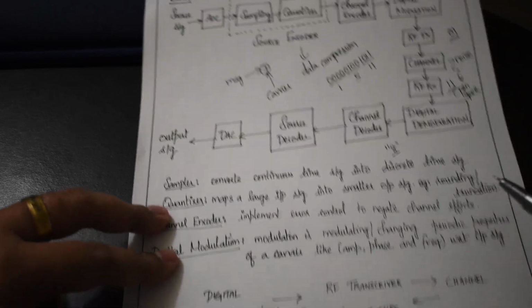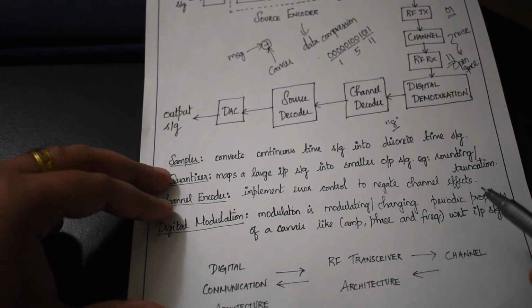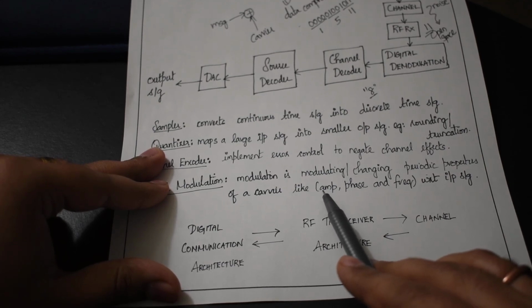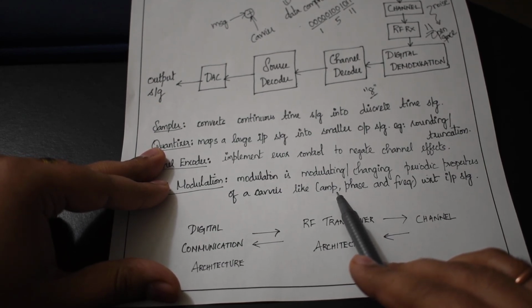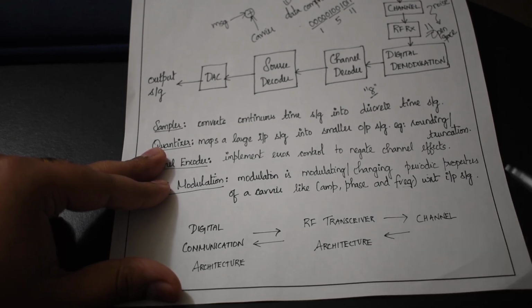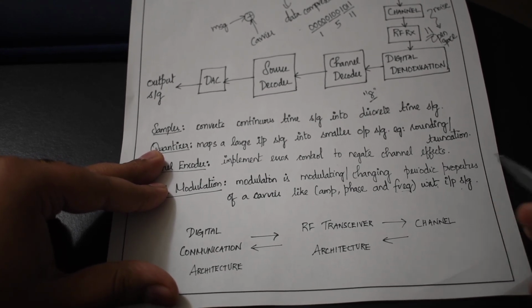How we mix it depends upon multiple things. We can change the amplitude of the signal, or the phase of the signal, or the frequency of the signal with respect to the input signal.